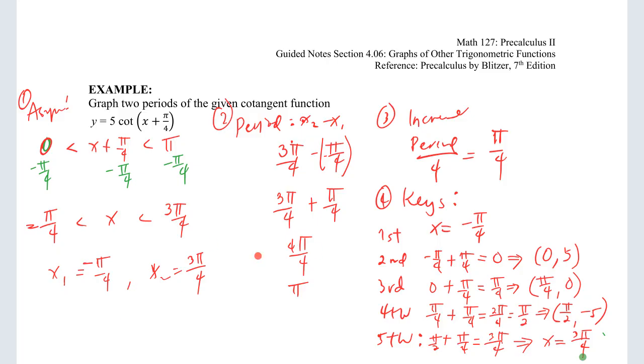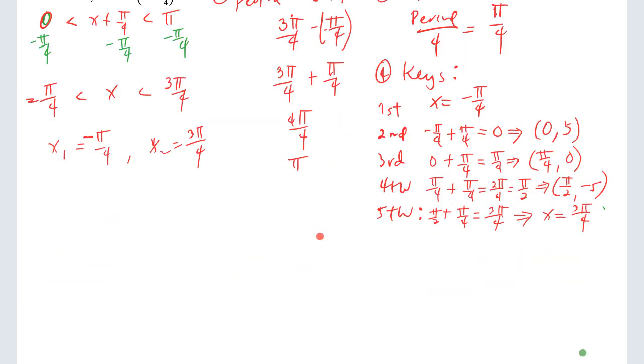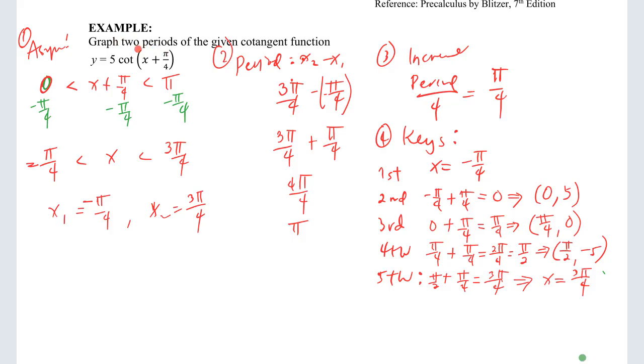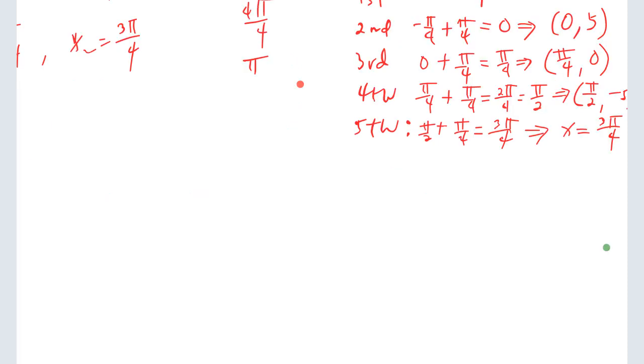Now I have the complete keys that I need in order to see the shape of this function. Let me go ahead and graph this. Remember the requirement of this given graph, we should be graphing two periods.